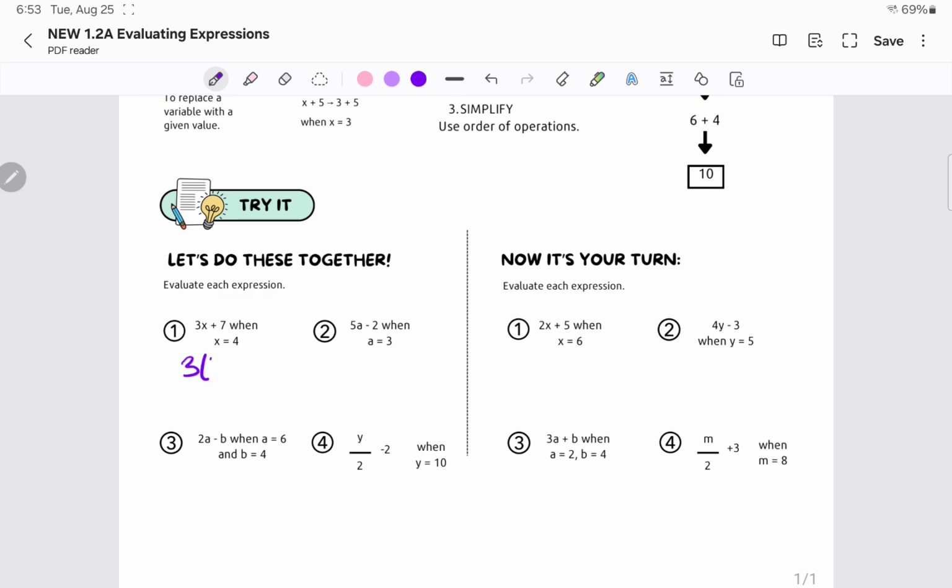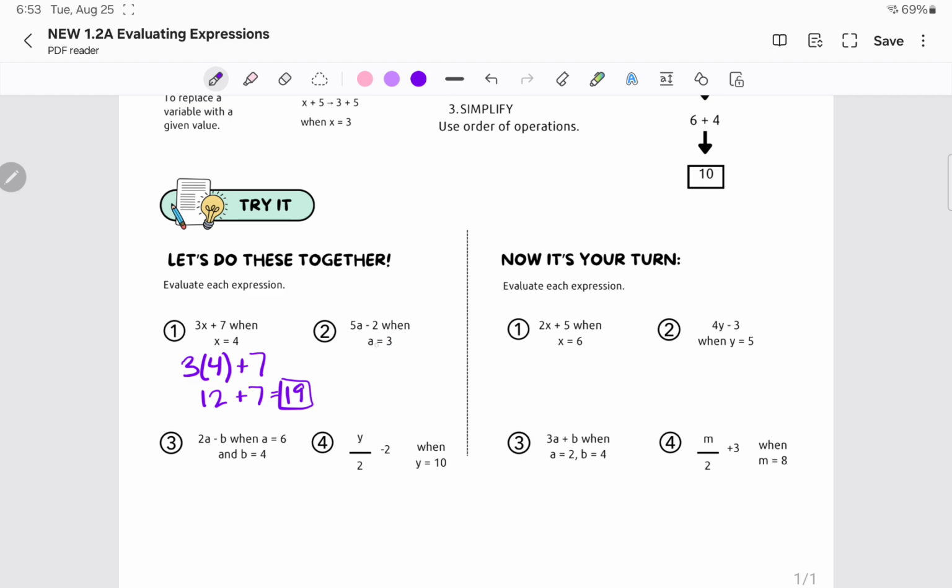So 3 parentheses 4 plus 7. This means 3 times 4 plus 7. And now we're just finding what that is by using order of operations. So 3 times 4 is 12. And then 12 plus 7 is 19. And that's our answer.